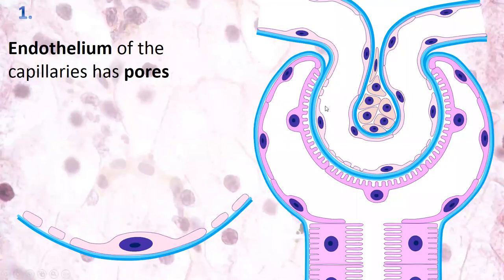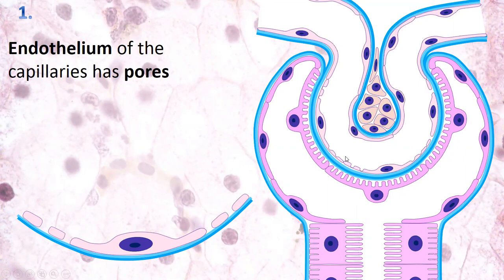And on another side, in the capillaries, we have endothelial lining, special simple squamous epithelium. It's called endothelium, and cells are called endotheliocytes. And endothelium of the capillaries has pores, gaps or openings in the cytoplasm of the endothelial cells, and it increases permeability of the capillaries.